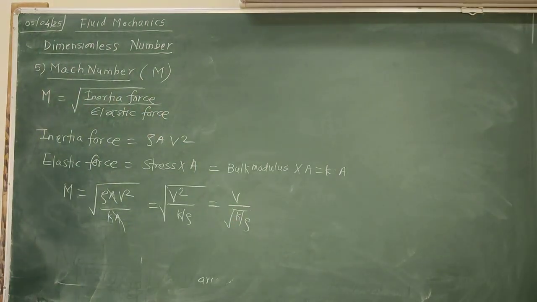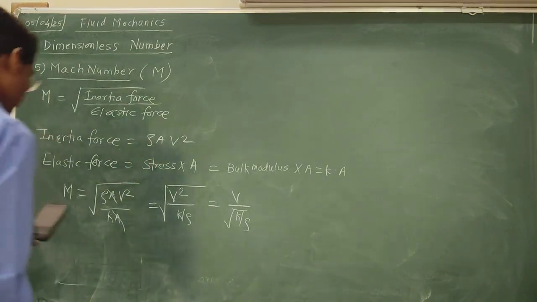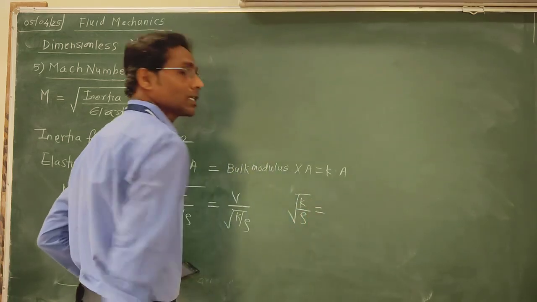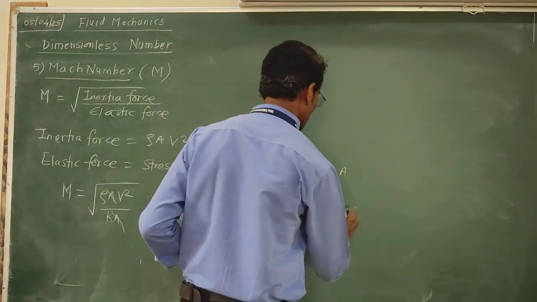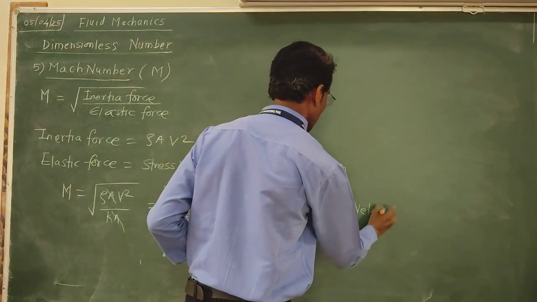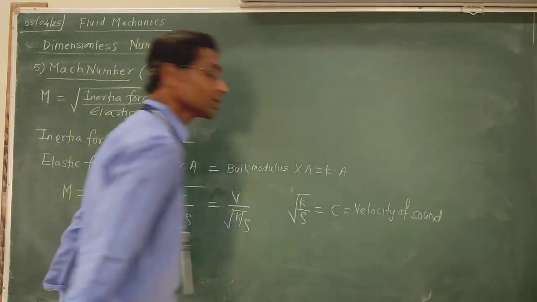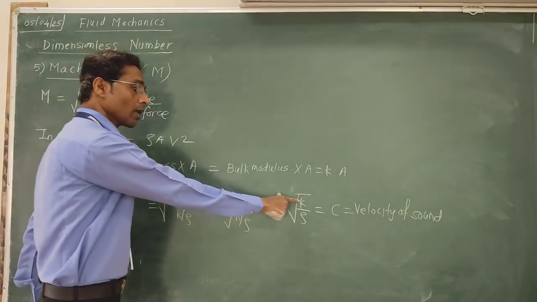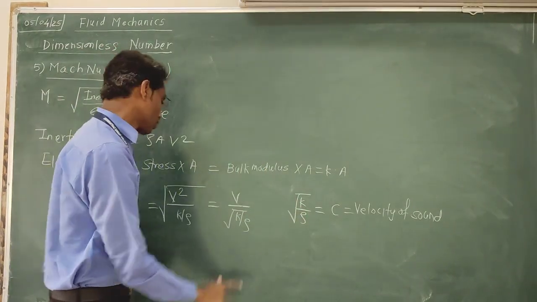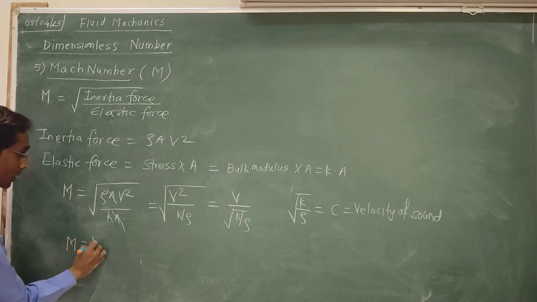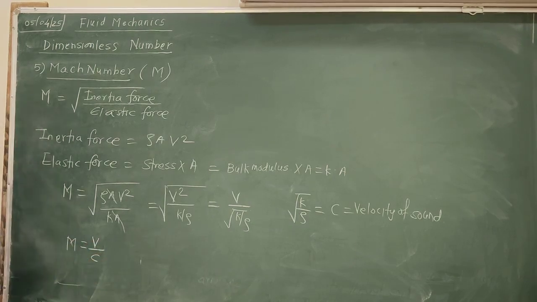Okay. Now mathematically, this ratio K by rho is called the velocity of sound. Sound velocity is given by the ratio of bulk modulus to the density. So that is why Mach number becomes the ratio of V, that is velocity of any object, velocity of fluid, velocity of substance, to the velocity of sound.